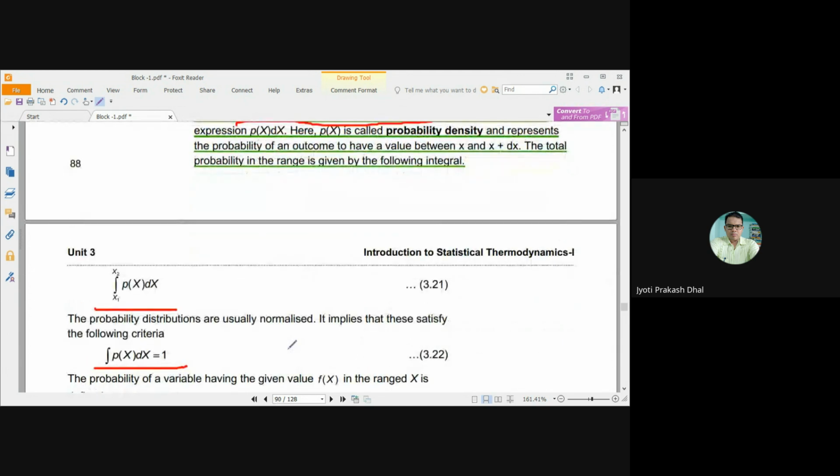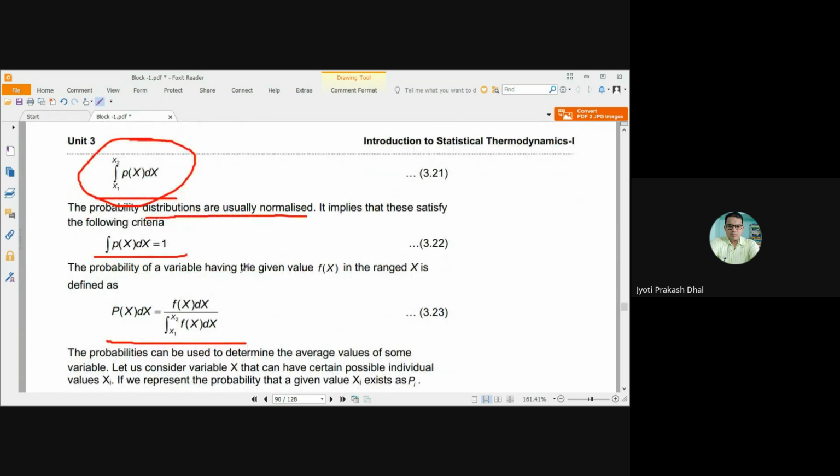So the total probability is given by the integration of p(x) dx from x1 to x2, and probability distributions are usually normalized. It implies that this condition will be satisfied according to quantum mechanics. So this is the condition of a normalized function: integration of p(x) dx equals 1.